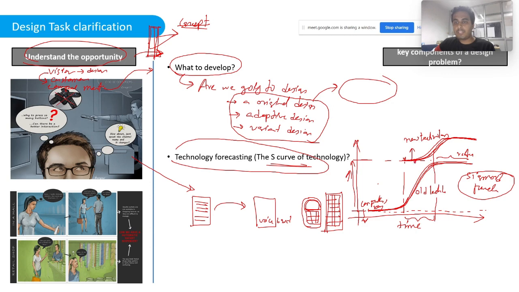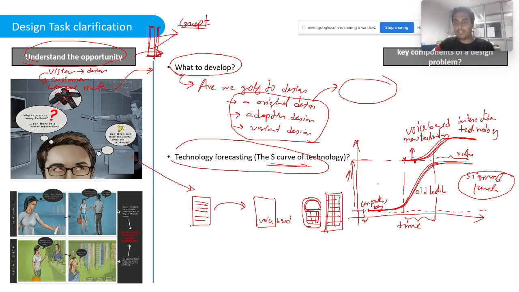For example, here you have the voice based interaction technology, and we also have the tactile button.